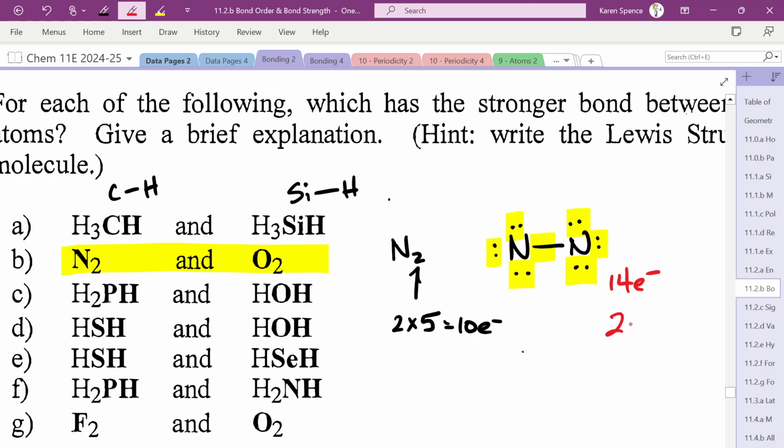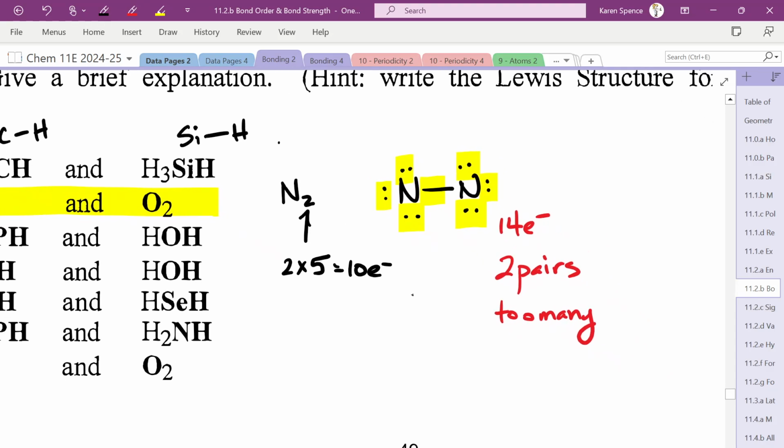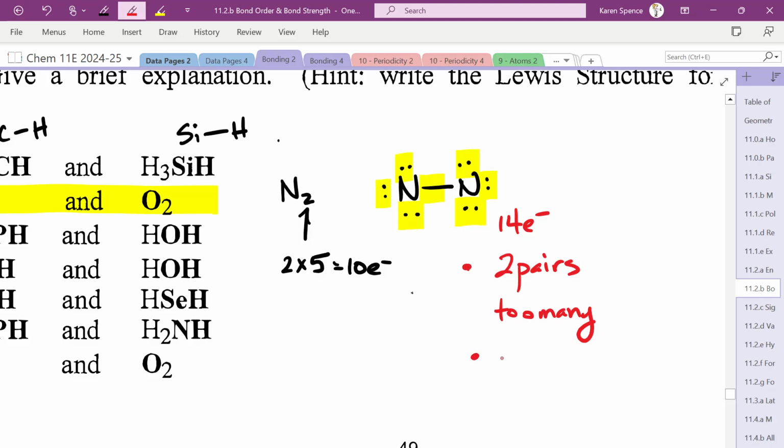So that is 2 pairs too many. I have 14, but I want 10. So what must I do? I need to erase how many pairs? I have 2 pairs too many, so I'm going to erase 2 pairs.